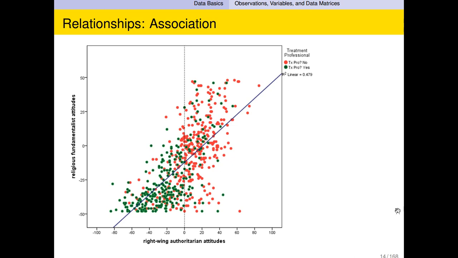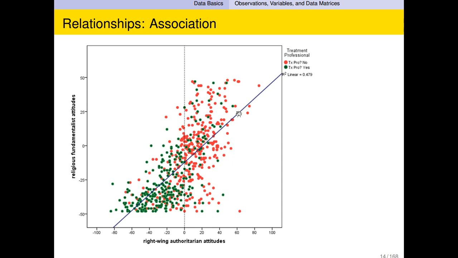So this is a graph I'm sure I'll show to you before because I like it. It's from my dissertation like a decade ago. I looked at the strength of people's religious fundamentalism and then the strength of people's right-wing authoritarianism in this study. And you can see the red and the green dots demonstrate that the red people were undergraduates and the green people were treatment professionals, so therapists and like that.